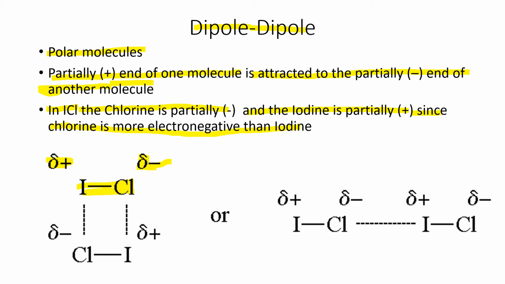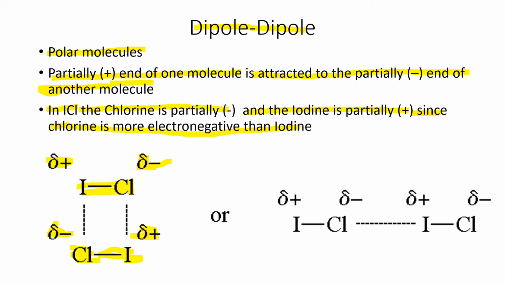If we have a nearby molecule, flipped around, you see chlorine bonded to iodine, with a partial positive on the iodine side and a partial negative on the chlorine side. So you're going to get an attraction between the positive end of one molecule and the negative end of a nearby molecule.